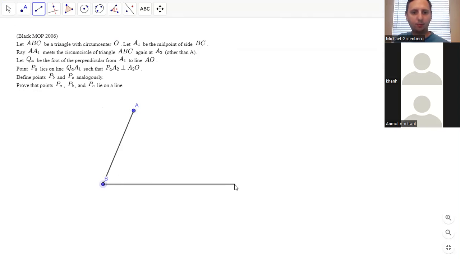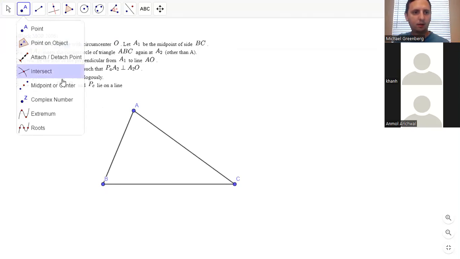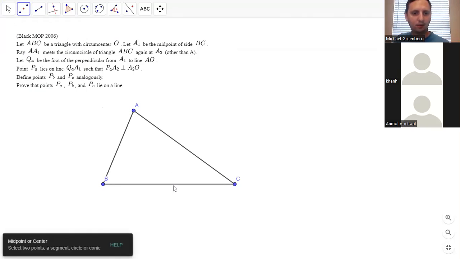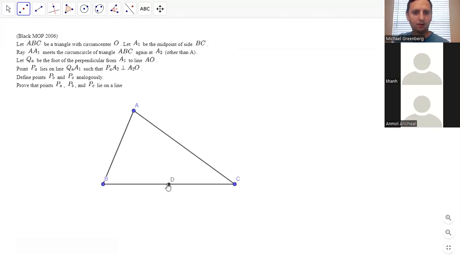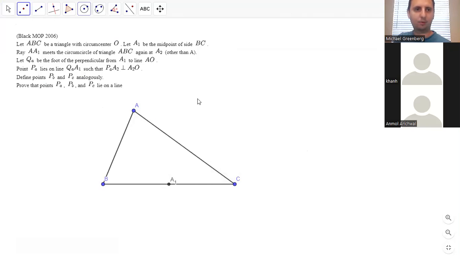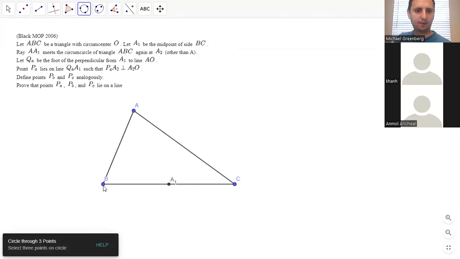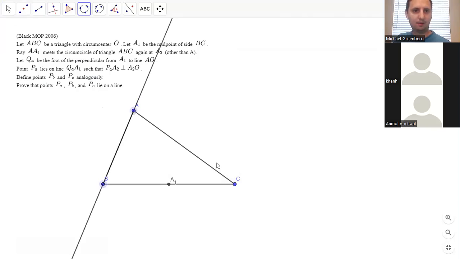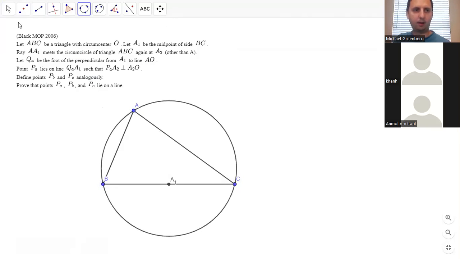A1 is the midpoint of BC. And then we draw the circumcircle. And it meets it at A2, AA1.